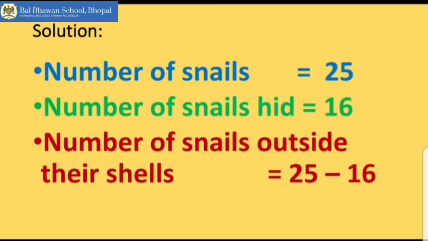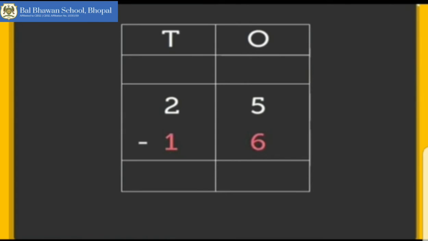So this we have to find out, the third statement. And for finding out the number of snails which are outside, you have to subtract the number of snails hidden from the total number of snails, that is 25 minus 16. Okay, so now we have written in vertical form with the place values 25 minus 16. Now we will solve.